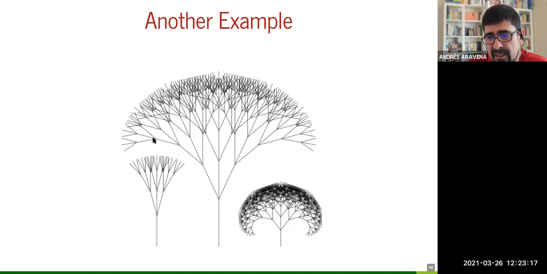A tree of length 3 is 1 trunk and several trees of length 2. This is 4, 5, 6. So here we have a tree with 6 levels that gives several trees of 5th level, which give several of 4th level, which give several of 3 levels, 2 levels, and 1 level.